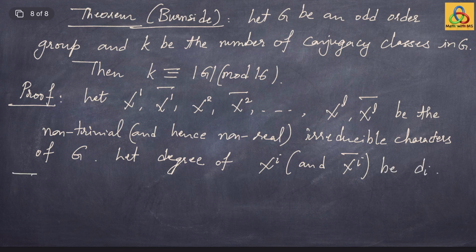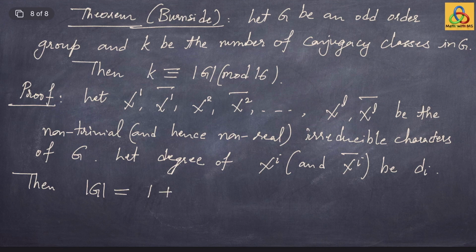Then we know that if you have enumerated the irreducible representations of a group G, then the order of the group G is the sum of squares of degrees of these representations. Thus, the order of the group G is the degree of the trivial character, which is 1, plus the sum of squares of degrees of these representations.